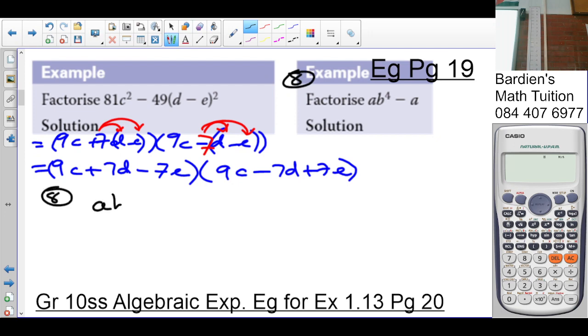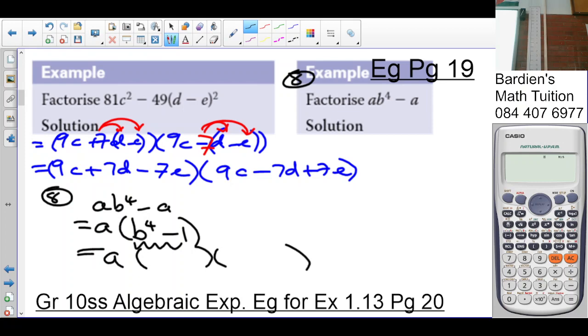We've got ab to the 4 minus a. Again, we know that common factor overrides all types of factorization. So we've got a as a common factor, b to the exponent 4 minus 1. So again, what's the square root of b to the 4? It's b squared. Square root of 1 is 1. So yes, the difference of two squares can apply.